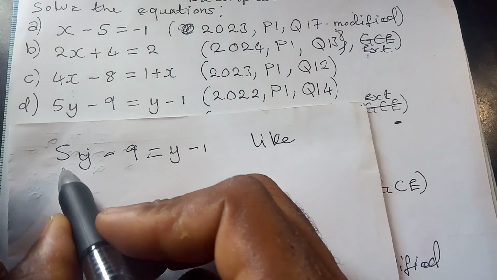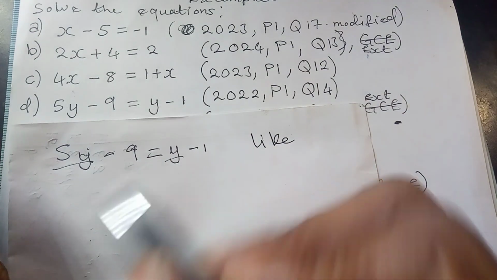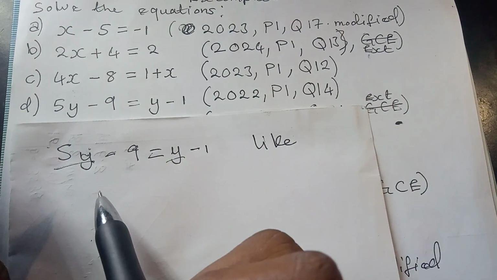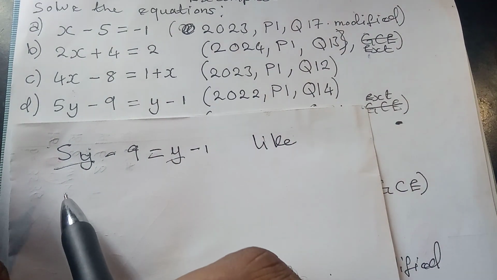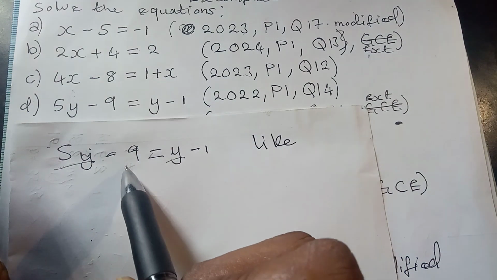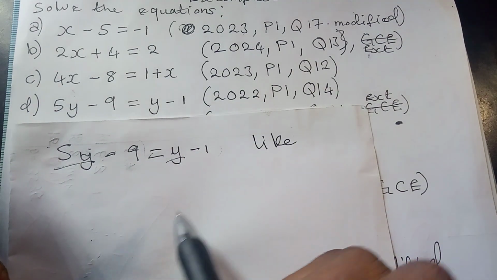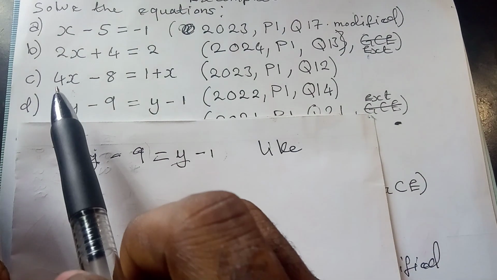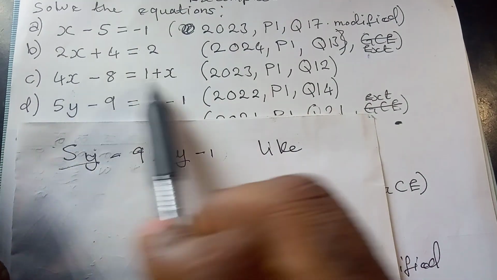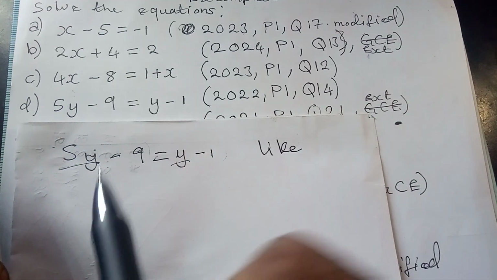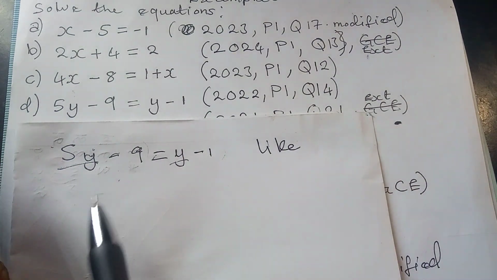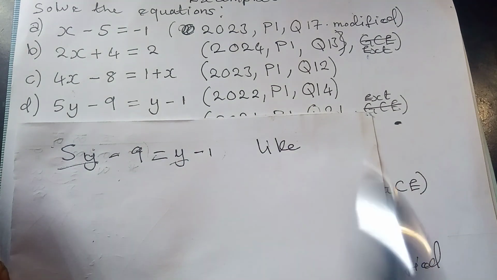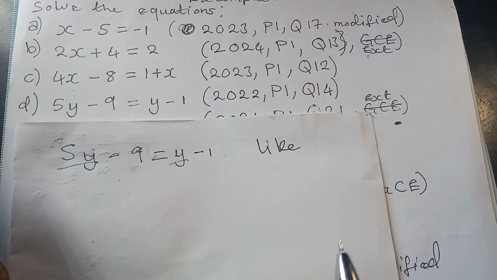So in this case, we have this and this. You want to put them together, and then you have this one here and this. You do the same. So I promised to use 2 different methods for this, but I don't know how I forgot. I hope I'll be able to remember and show you what happens when you decide to take the 5 to the other side instead.